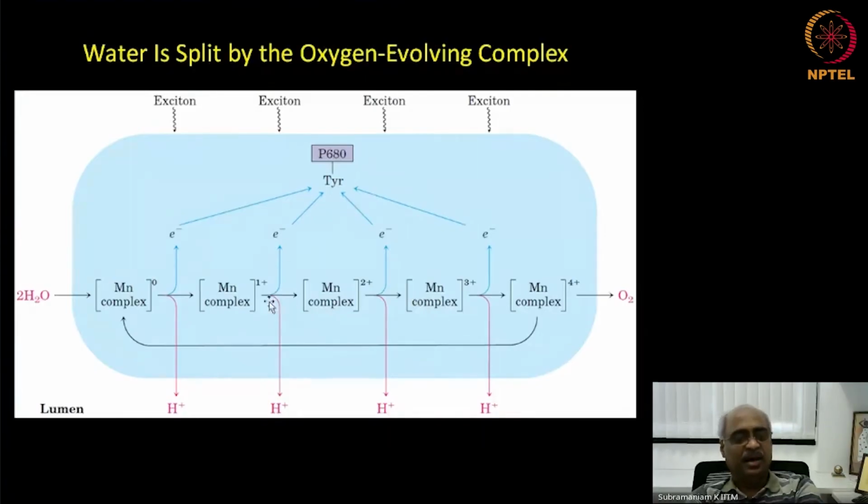Okay. And that is how the 4 electrons that are taken away from 2 water molecules are given 1 electron at a time to the reaction center.